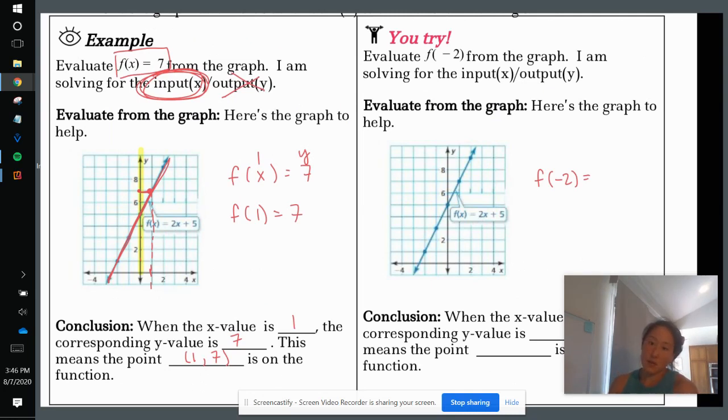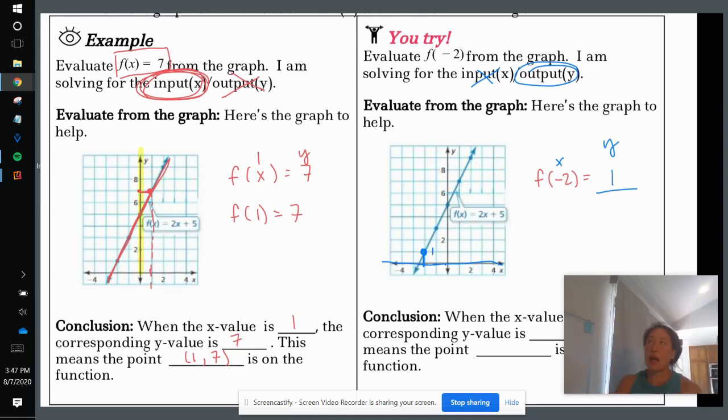Okay, I have f of -2 is equal to, so what is -2? That's our x value. We know our x value. We are solving for the y value. Okay, so on the x-axis at -1, -2, I'm going to go up to where the line crosses the vertical line at -2, and I see that's a value of 1.